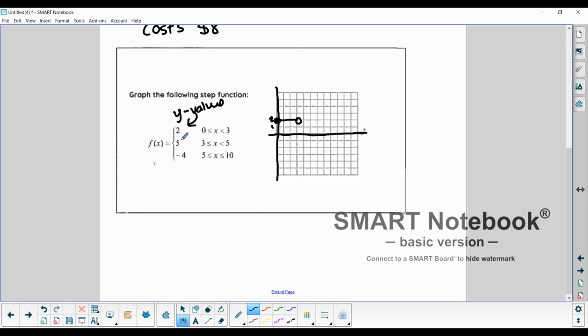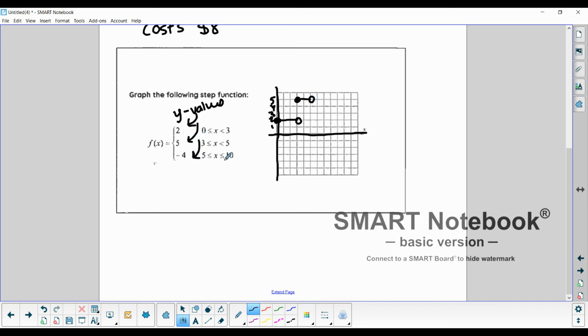Put an open circle. Then for the y value of 5, so 3, 4, 5, there's going to be a closed circle where x equals 3. 1, 2, 3. Go up to 5, put a closed circle, and all the way until we get to x is 5 and put an open circle.